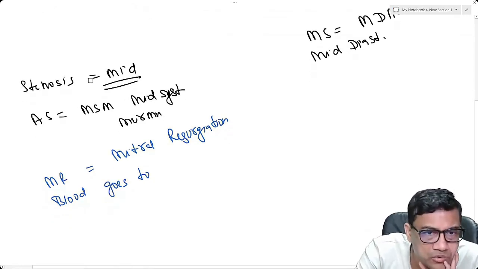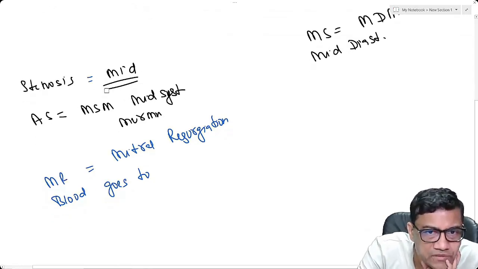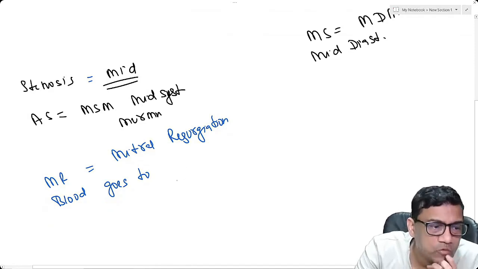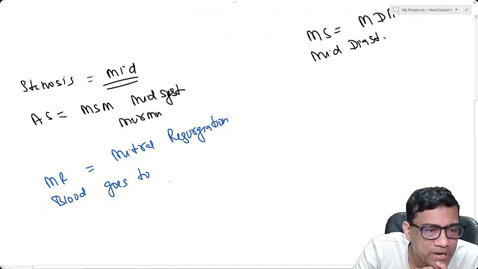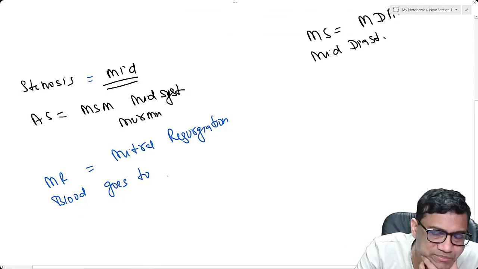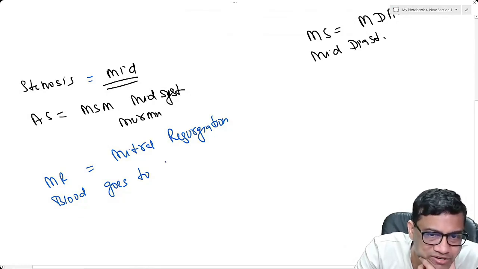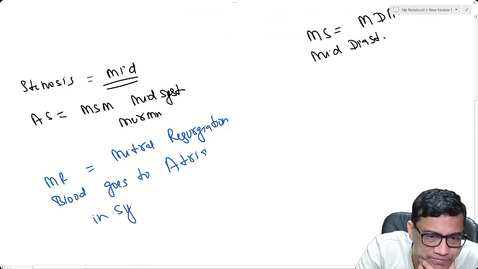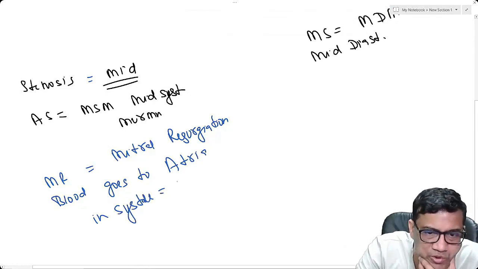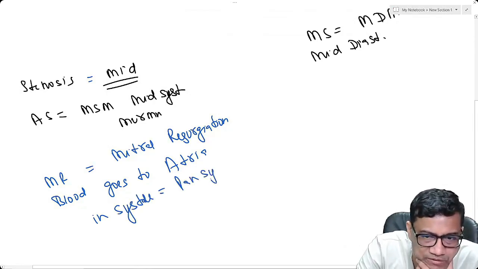Blood goes to which structure? Tell me. Yes, blood will go to our atria in systole. So it causes a pan-systolic murmur.